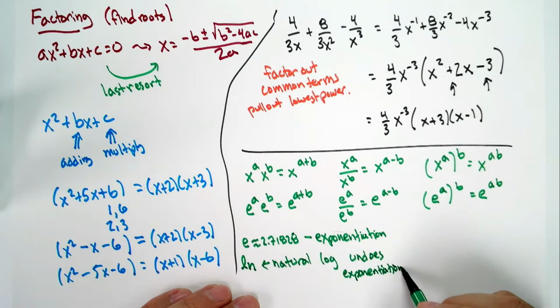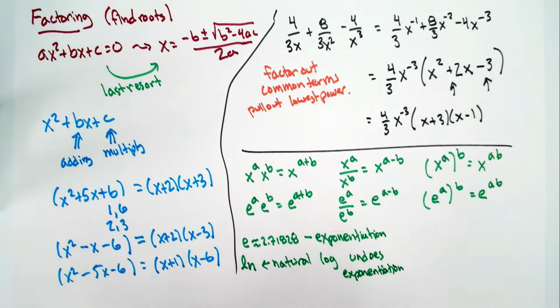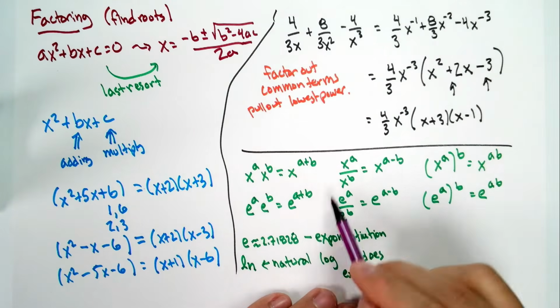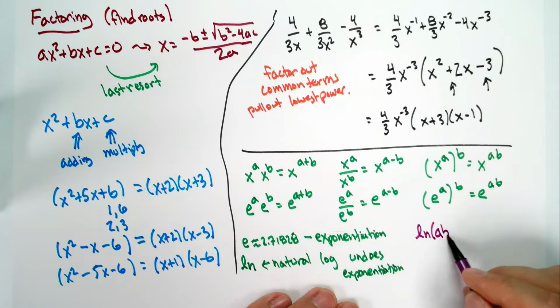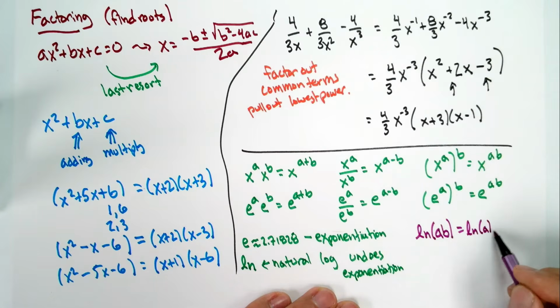All right, well, why should we care? Well, the beautiful thing is that rules for exponents transform very nicely into rules for logarithms. So what are some nice things to know about logs? For instance, this rule becomes the fact that if I have multiplication happening inside a log, I can break it up into addition.